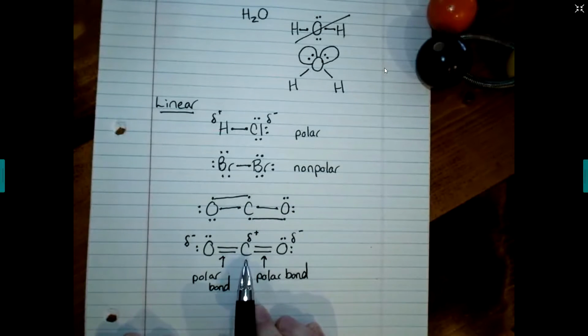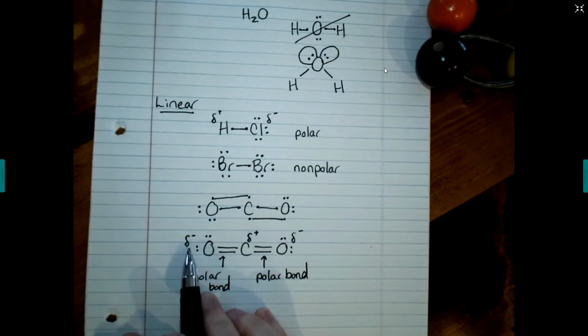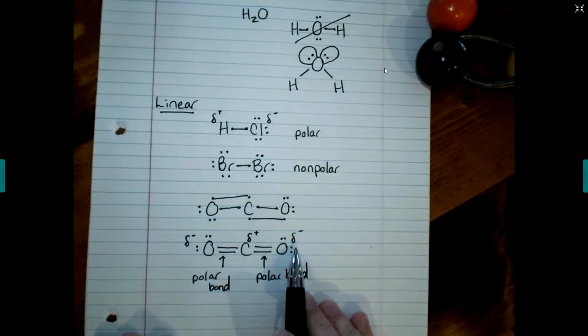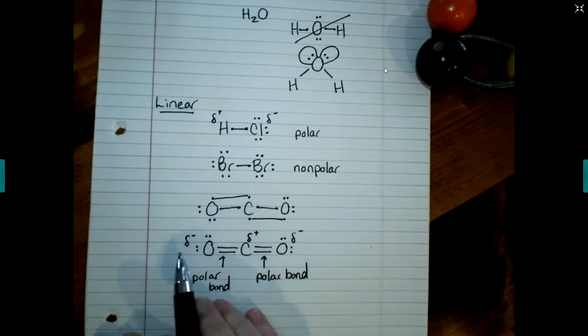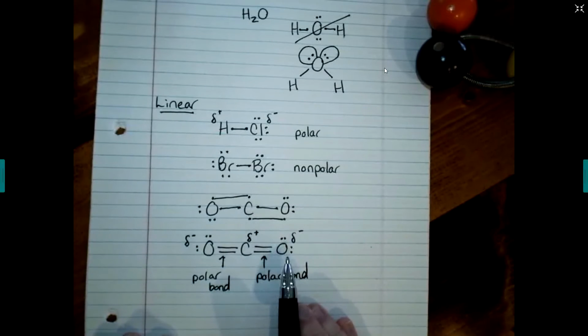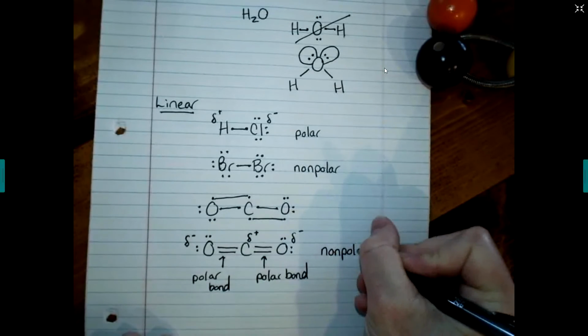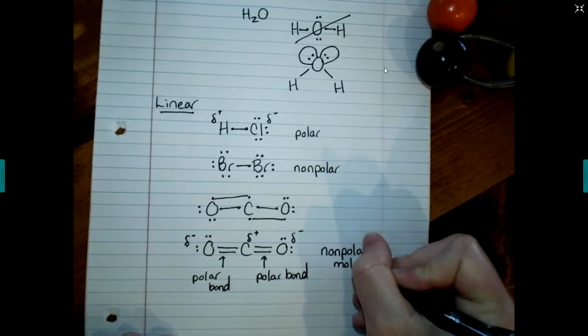But if you look at the molecule as a whole, this side of the molecule is slightly negative, and the opposite side of the molecule is also slightly negative. So since both sides of the molecule are the same charge, the molecule itself is going to be nonpolar.